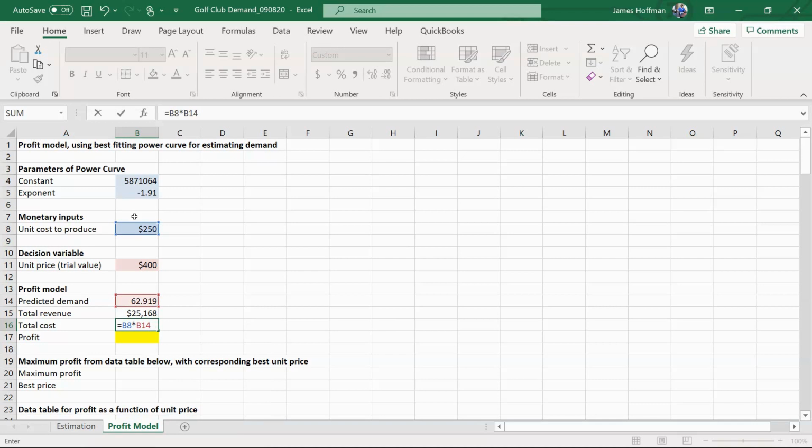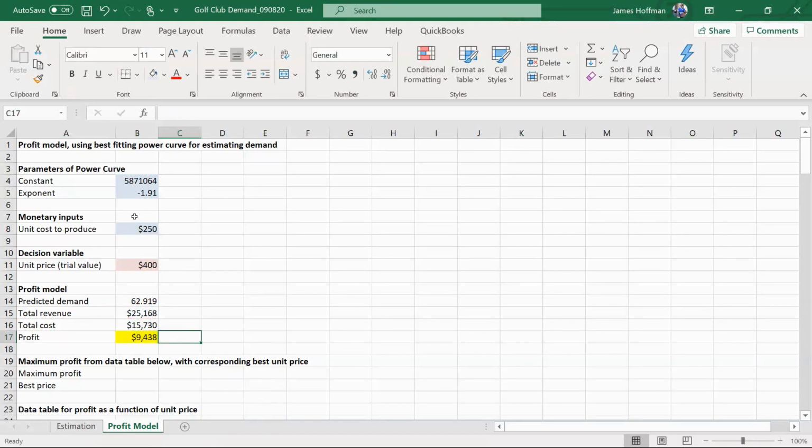So I guess we're assuming that we sell them all. We get $15,730. Then profit is just revenue minus cost. So in B17, the objective, equals B15 minus B16, which is just revenue minus cost. You get $9,438.